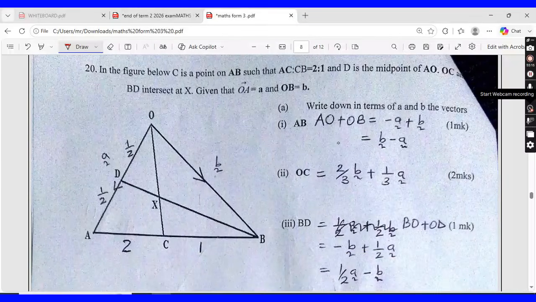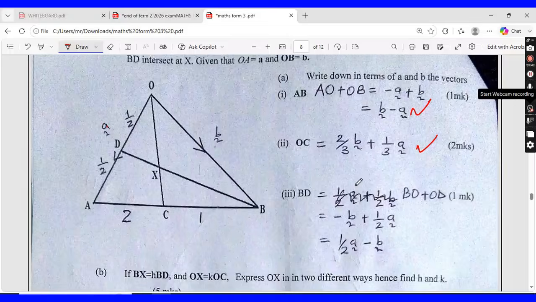So I have shown that AB, that is how I got AB. OC, I used what we call the ratio theorem, and it is very simple to use the ratio theorem to get OC. Yes, we had this B. So you use the ratio theorem.